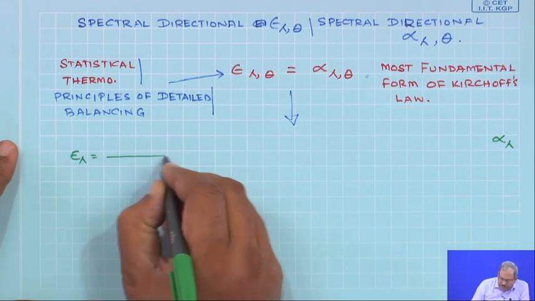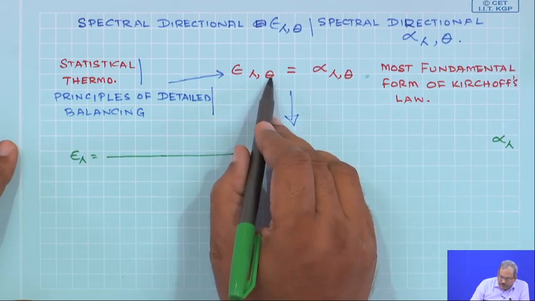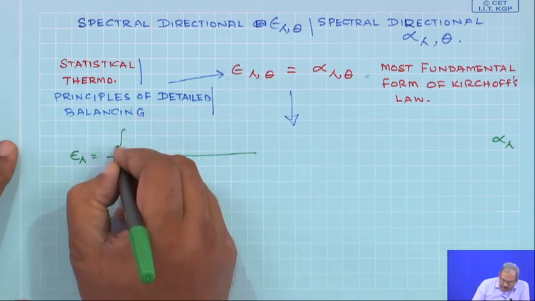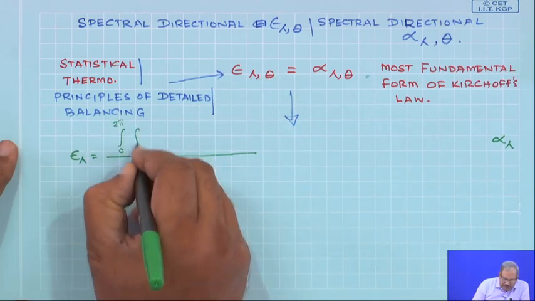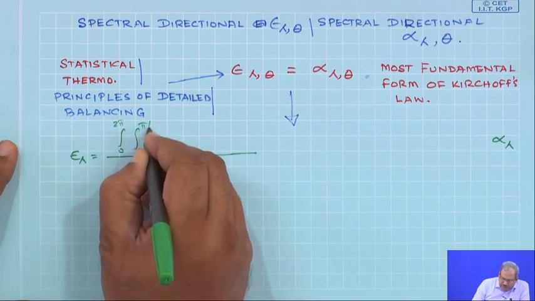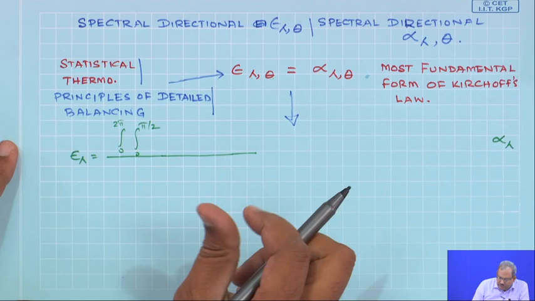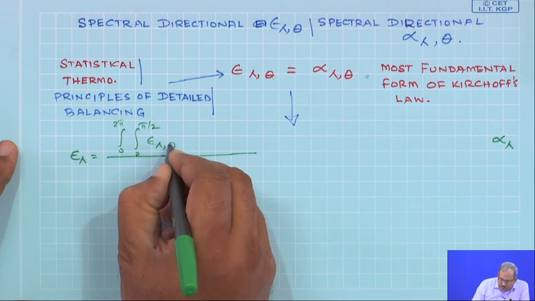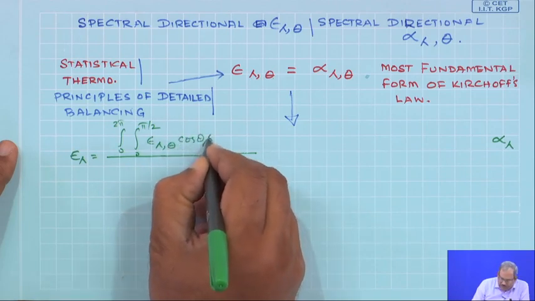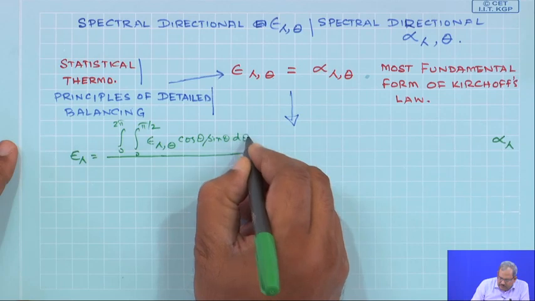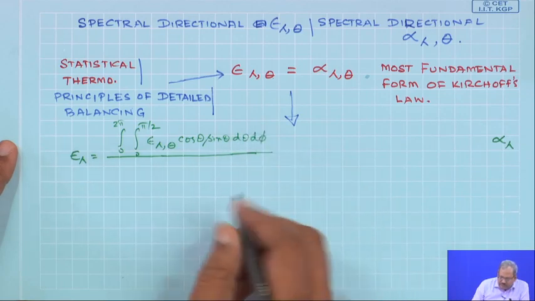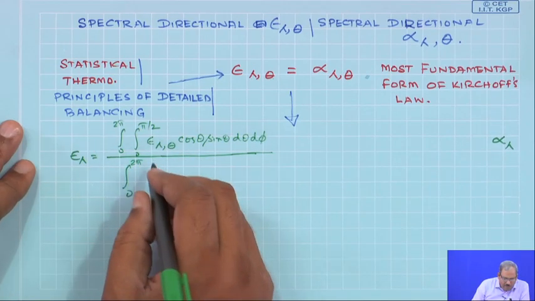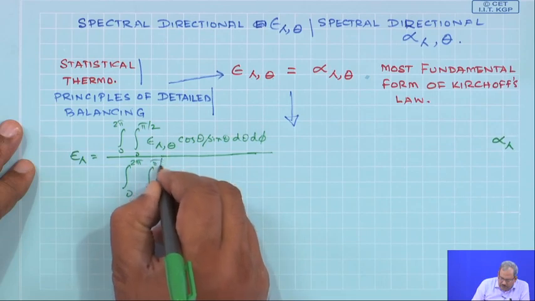Since it's directional, in order to get rid of the direction, I need to integrate it over the entire hemispherical space. The same way we have done it for the black body when it is placed inside a hemisphere, I am simply going to have cos theta, sin theta, d theta, d phi, with limits 0 to 2 pi and 0 to pi by 2.